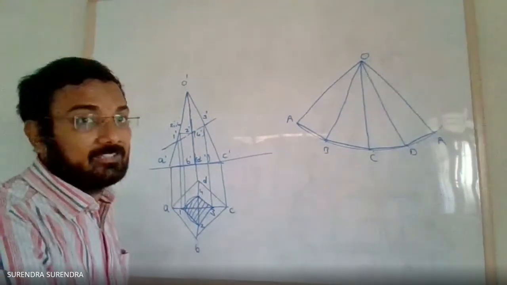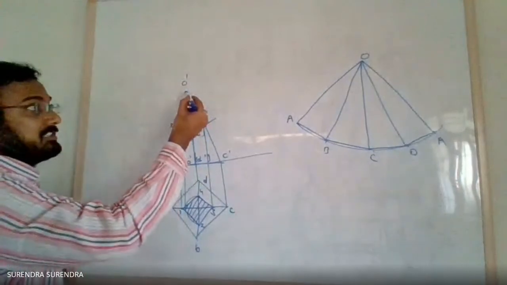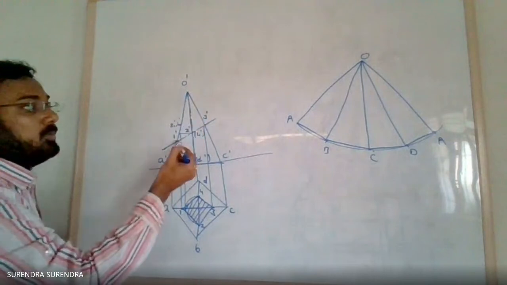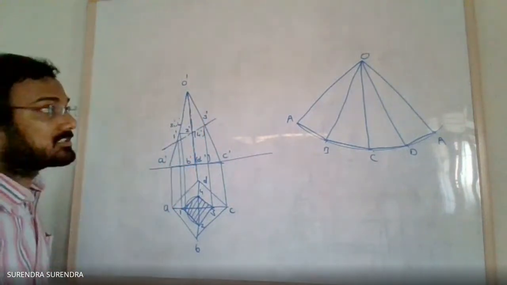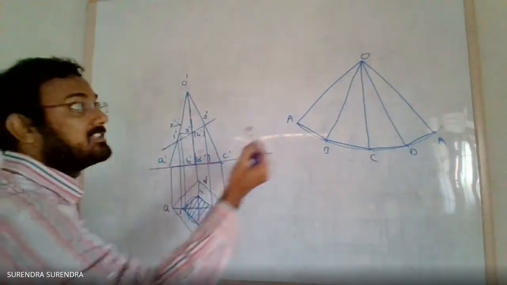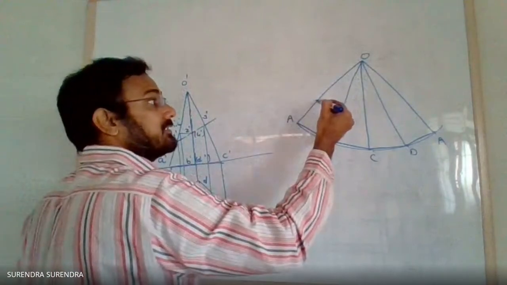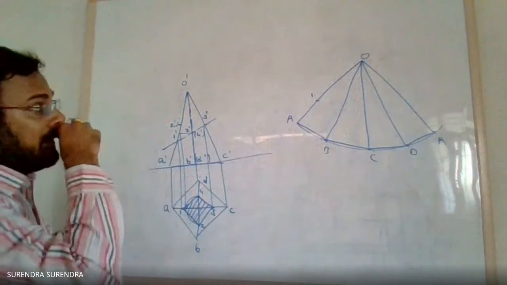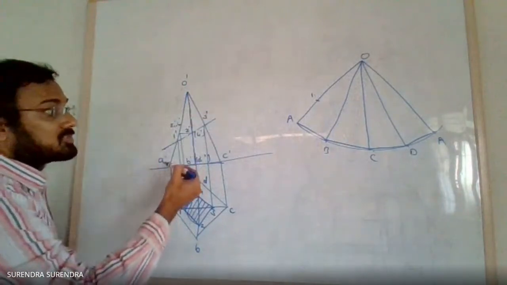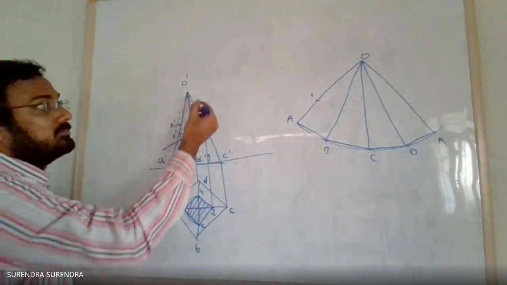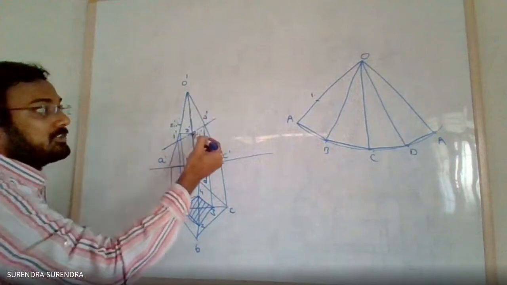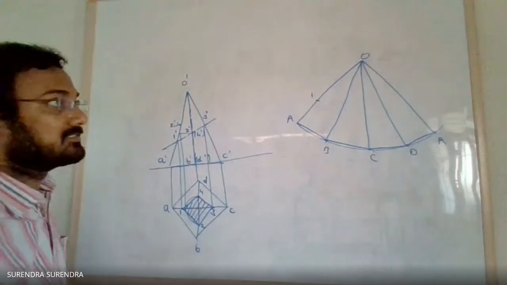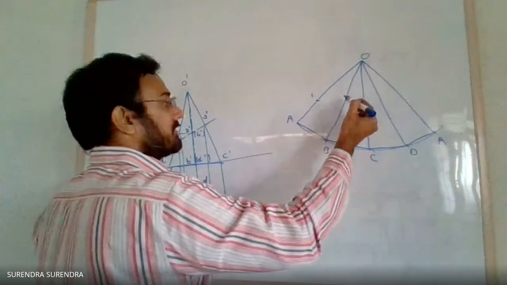Now with the cutting plane, measure the distance from O to 1 dash. As 1 dash is on OA, with O as center, mark the point 1. Now measure the distance on the true slant length, O to 2. On the true slant length, not this distance, O to 2 on the slant length.